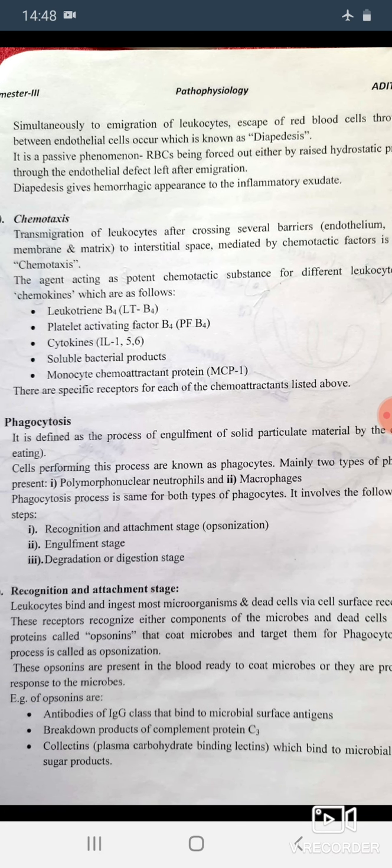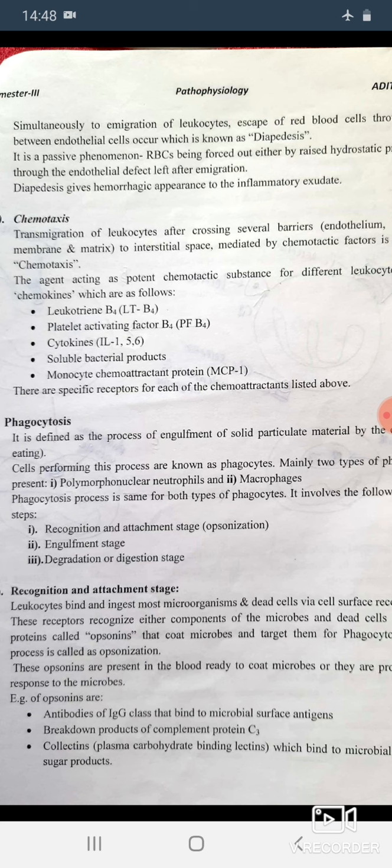These substances are chemotactic factors, called chemokines, and when they are present at the site of injury, they attract WBCs from the blood vessels into the interstitial tissue. So WBC is transferred by attraction because of these substances, and that is called as chemotaxis.